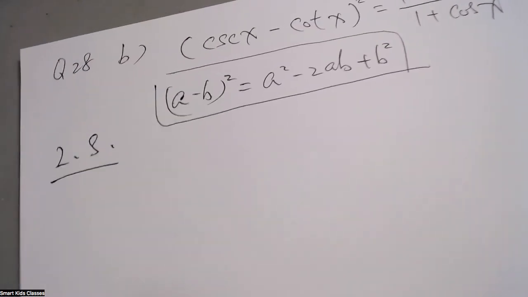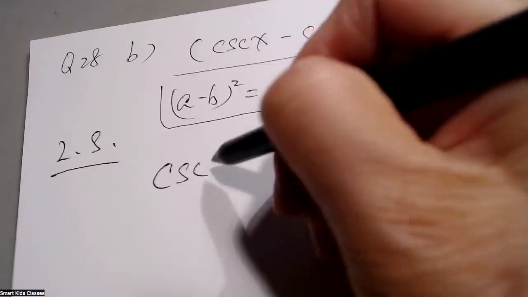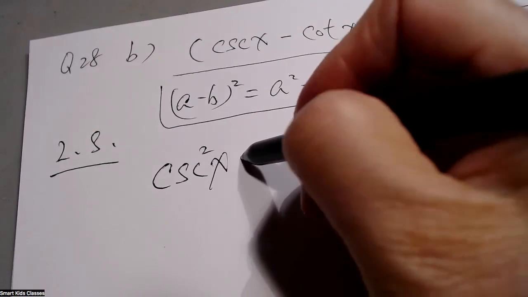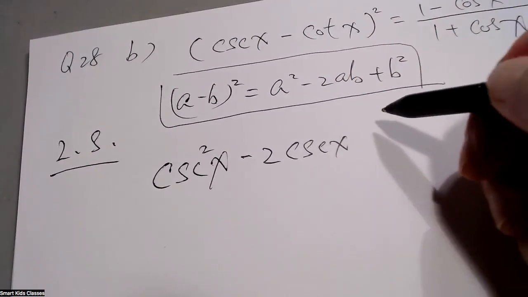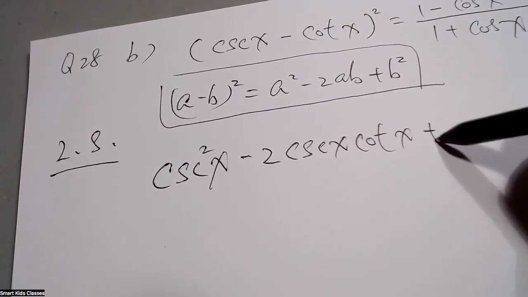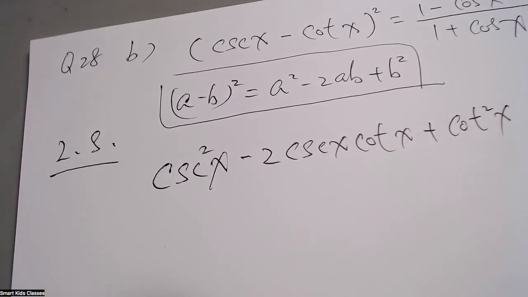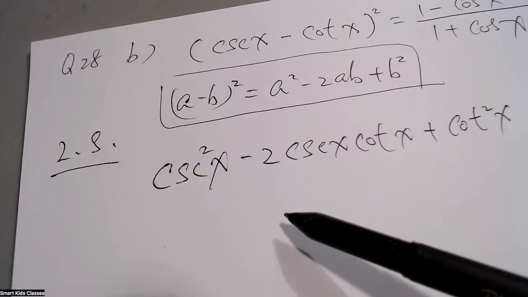So I'm going to have cosecant squared x minus 2 times cosecant x times cotangent x plus cotangent squared x. From here, we write reciprocals to cancel the fractions.